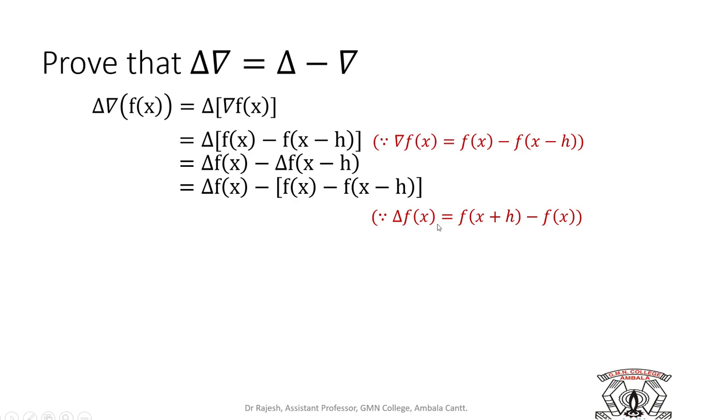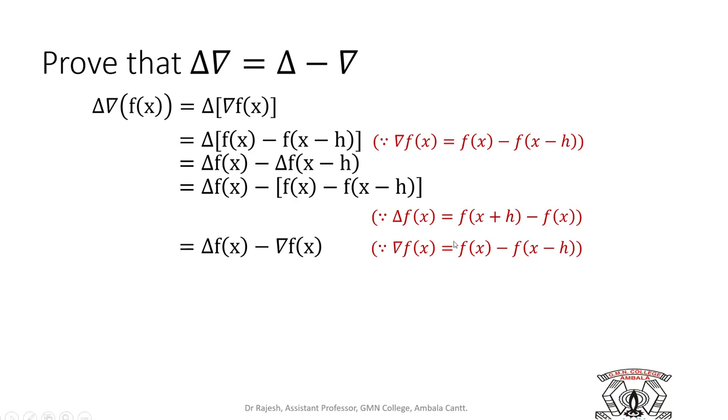This is the definition. This is in the sense of forward, and if we write it in the backward sense, what will it be? It will be del f of x, because del f of x is equal to f of x minus f of x minus h.